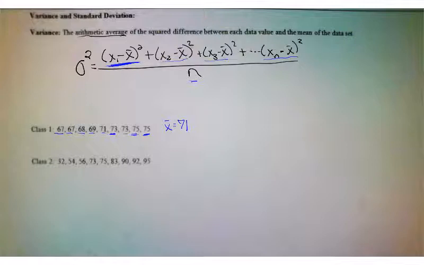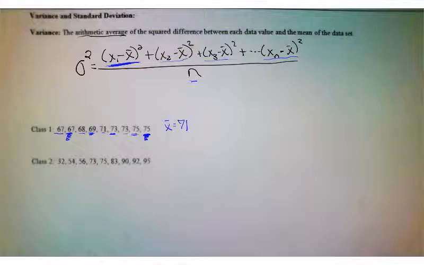Now consider this. A data value like 75 is 4 away from the mean. 75 minus 71 is 4. Look at a data value of 67. 67 is also 4 away from the mean. But when we subtract 67 minus 71, we get a negative. The sole purpose of that negative is to indicate direction.